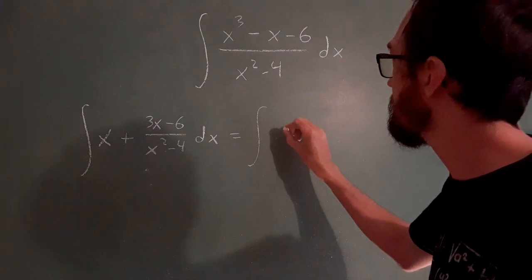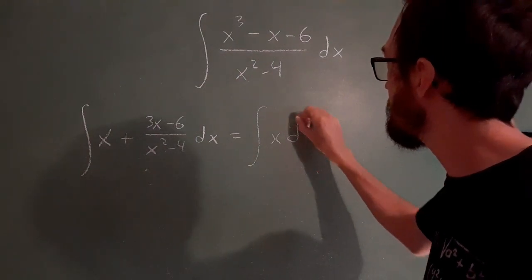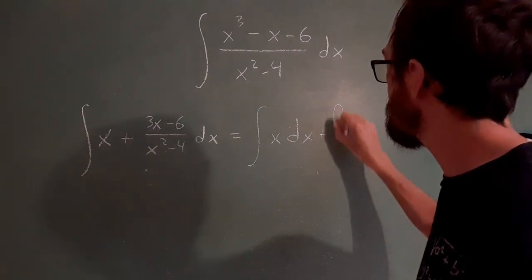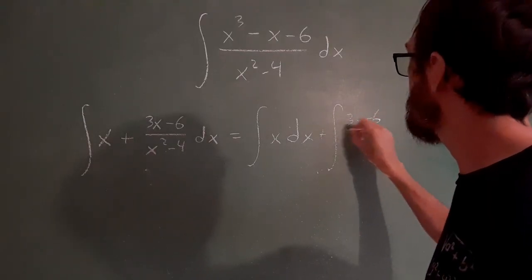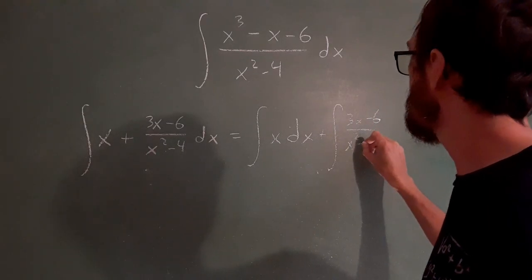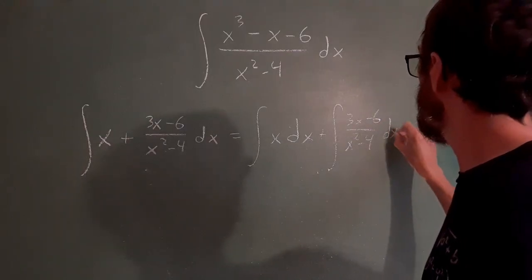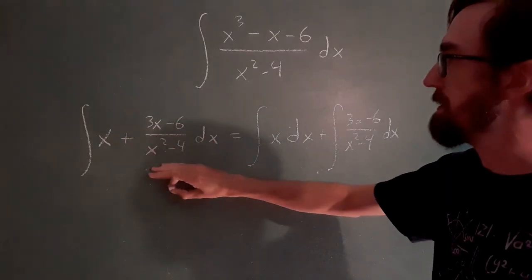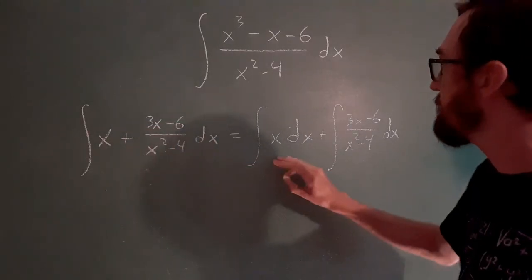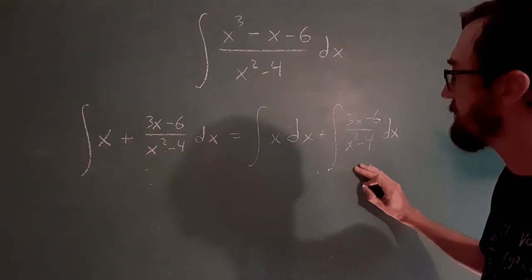Using typical integration rules, we can split this as a sum of integrations. So instead of integrating this as an entire function, we separate it into two functions to integrate.